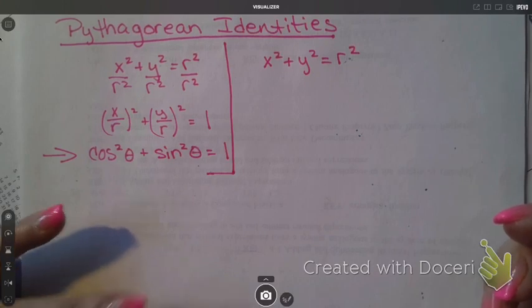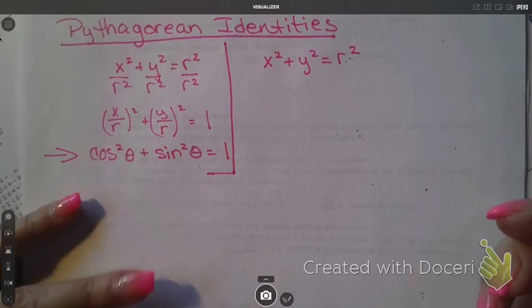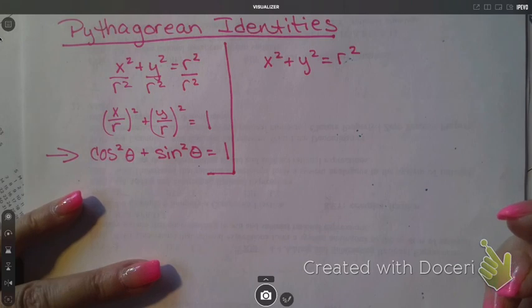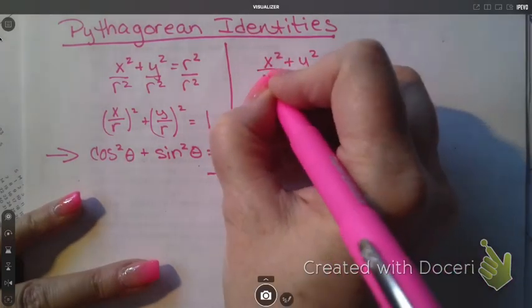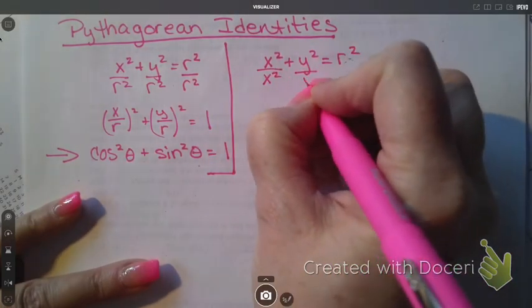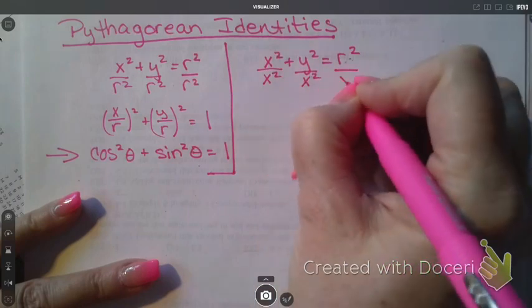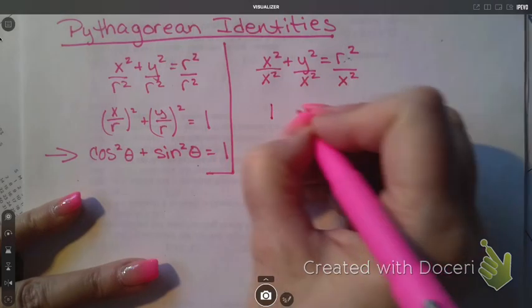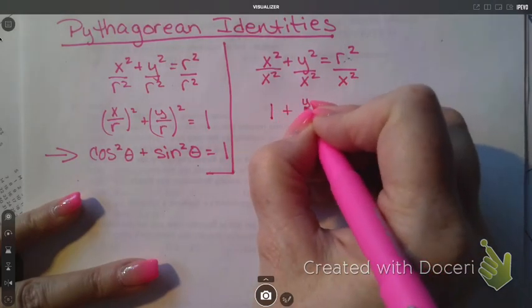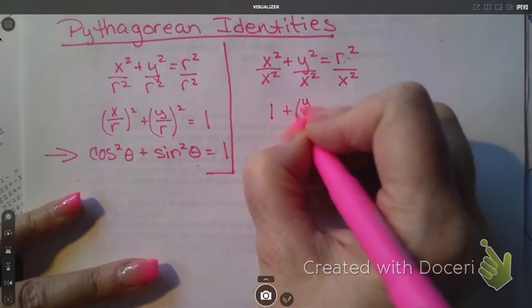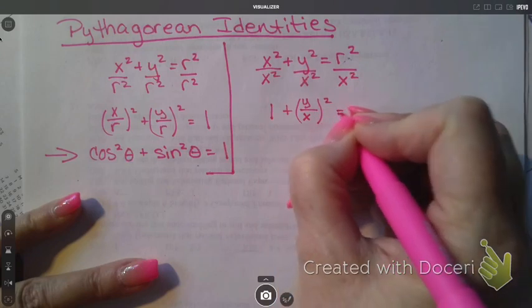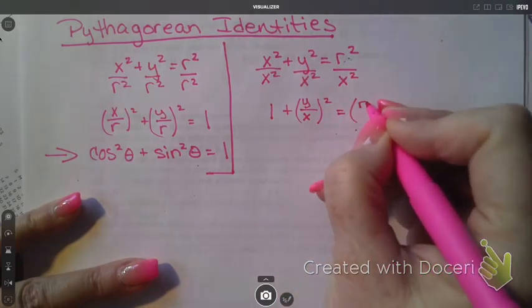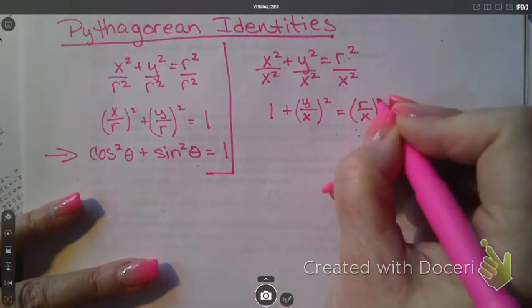X. So to make x squared 1, I have to divide it by x squared. Well, that gives me 1 plus y over x squared equals r over x squared.